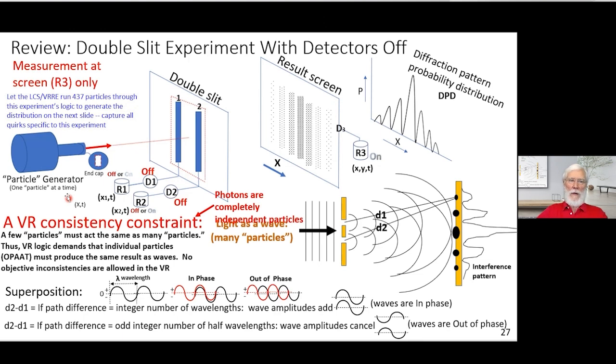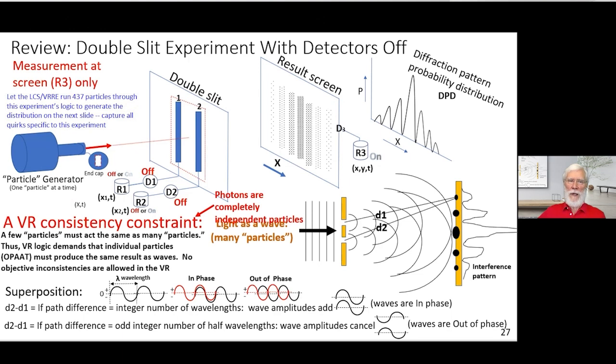Now, the larger consciousness system, or what we call the virtual reality rendering engine up here, upper left corner, let's say, lets it run 437 particles. So the larger consciousness system, the VRRE, runs 437 particles through this experiment's logic.